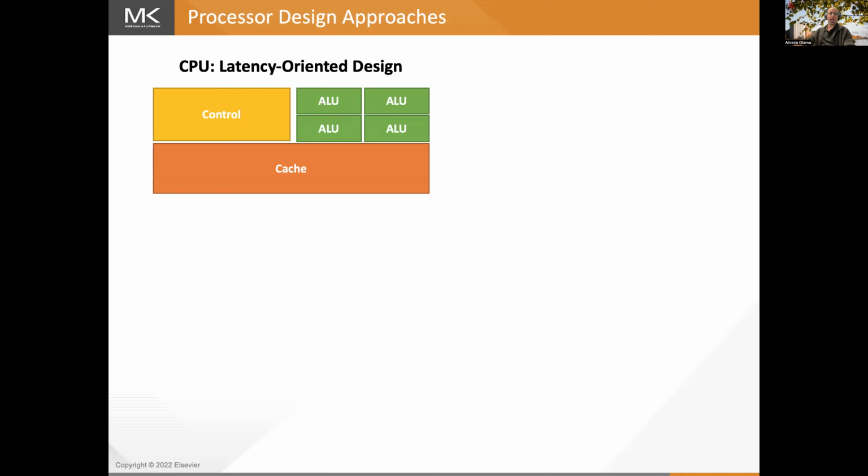Because you want sophisticated control methods to handle the instruction streams and to remove latency and things like that. As you can see, a large portion of the chip is dedicated to cache and control, and you have a relatively small part compared to these two for the actual computing.